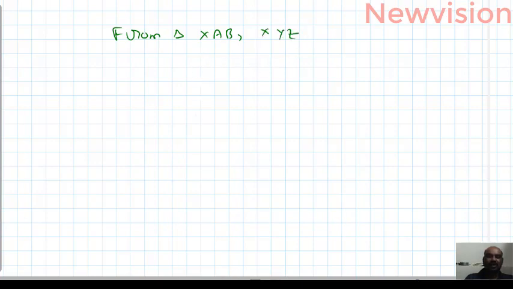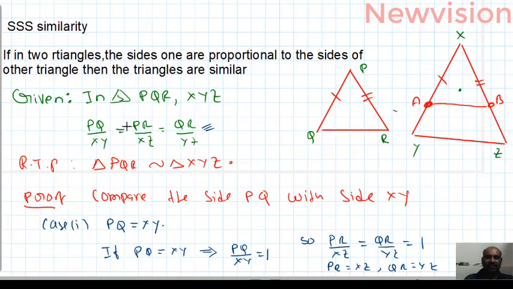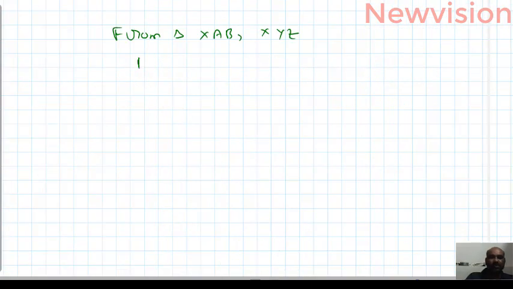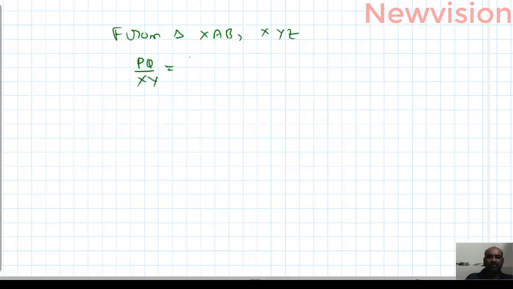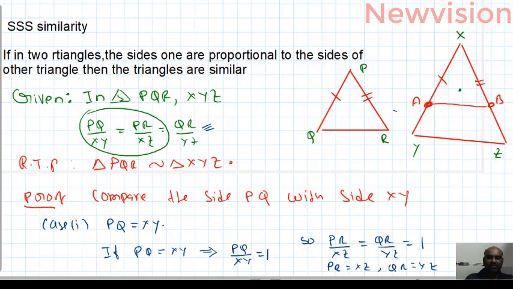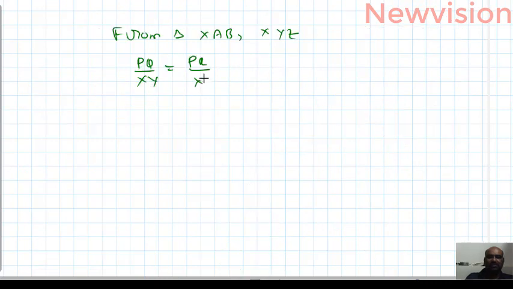So, what you got, I will write now. What is given, I will write. First of all, what is given? I want to take this portion: PQ by XY equal to PR by XZ.